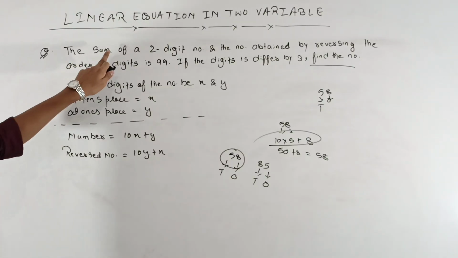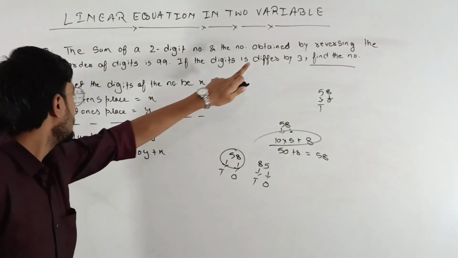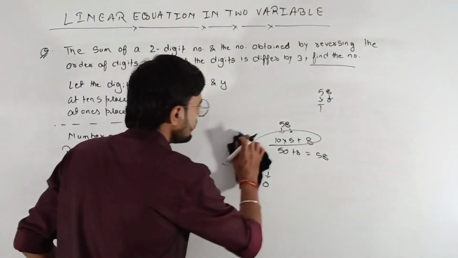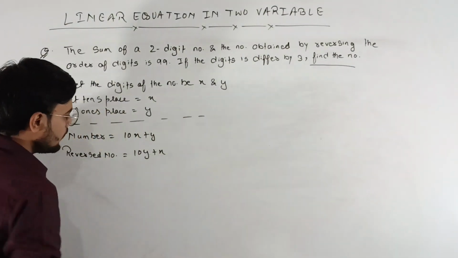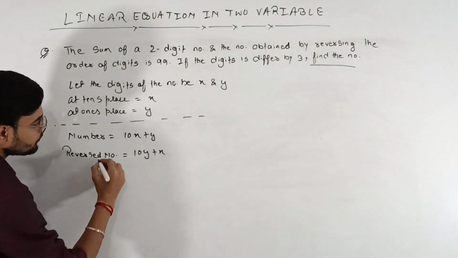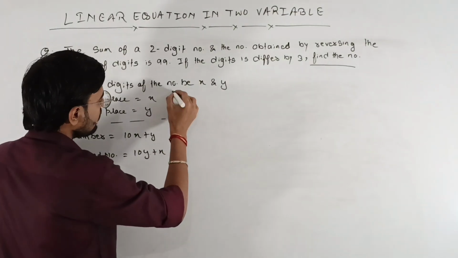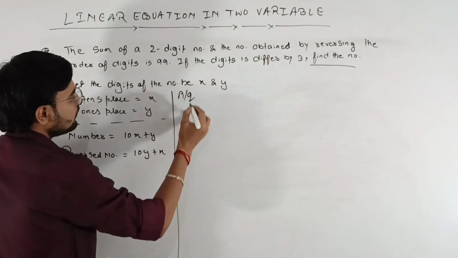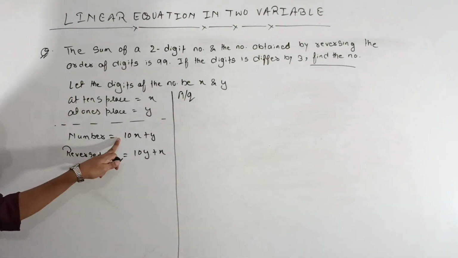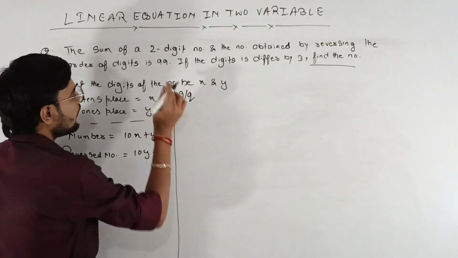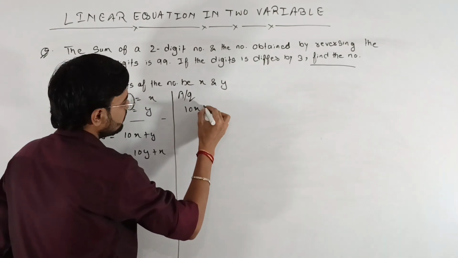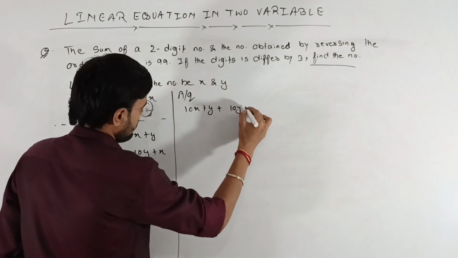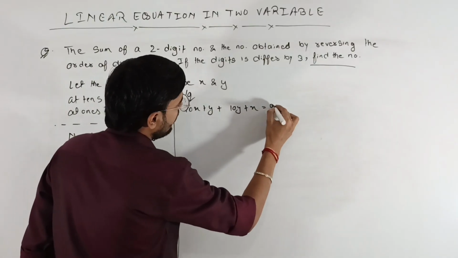Now read the question. The sum of a two-digit number and the number obtained by reversing the digits is 99, which means the sum of these two numbers is 99. So 10x plus y plus 10y plus x equals 99.